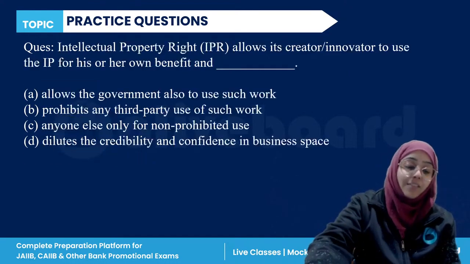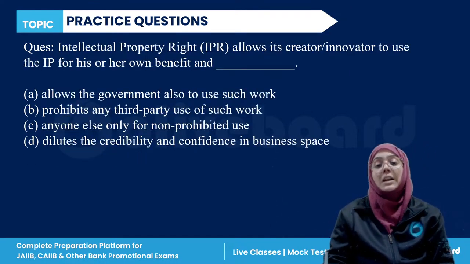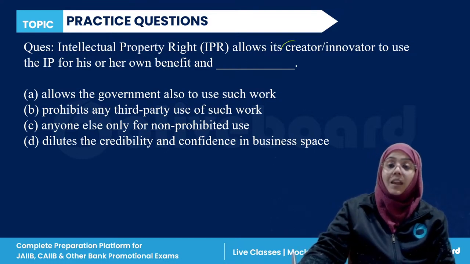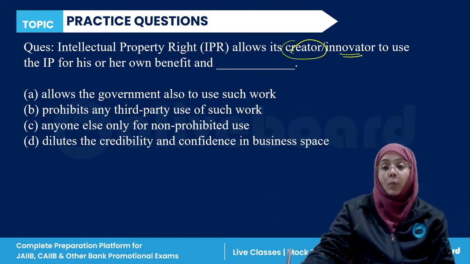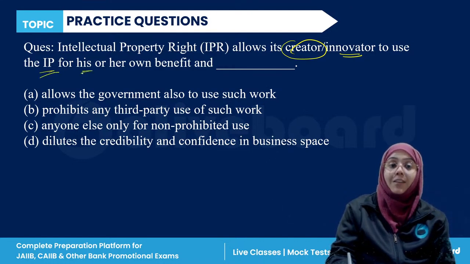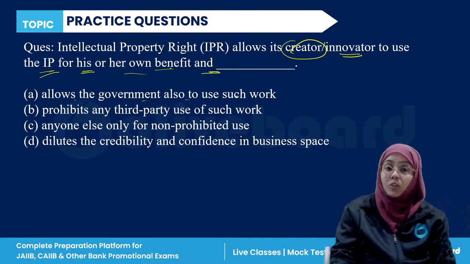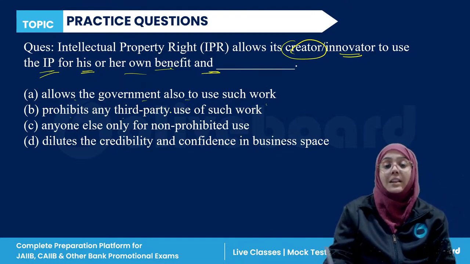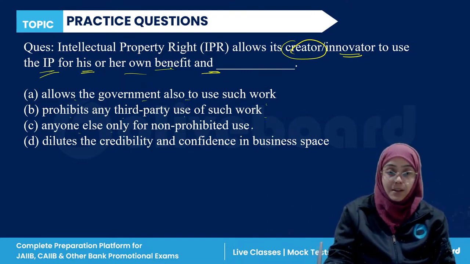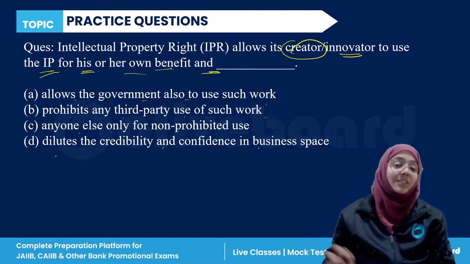And the last question of this module: intellectual property right allows its creator and innovator to use this intellectual property for his or her own benefit and allows the government to prohibit any third party, anyone else, or dilute the credibility and confidence in the business space.